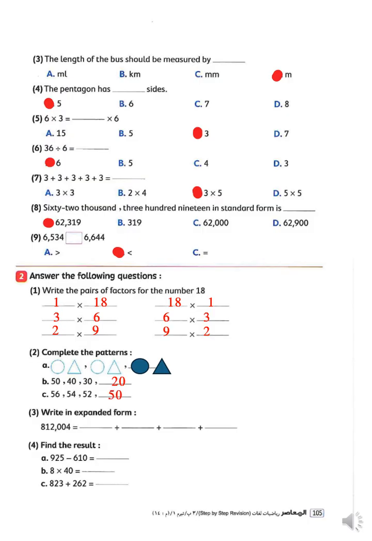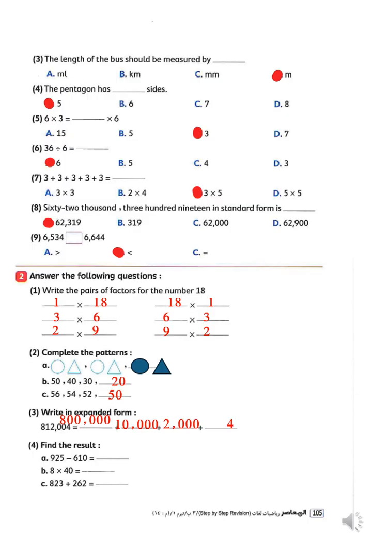Write in expanded form. 812,004 is 800,000 plus 10,000 plus 2,000 plus 4.